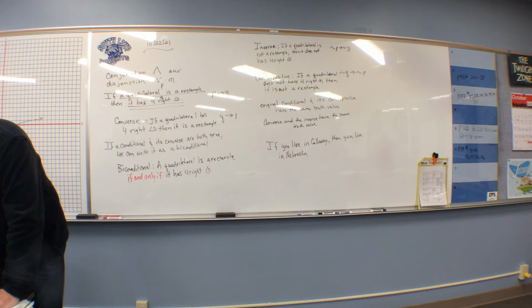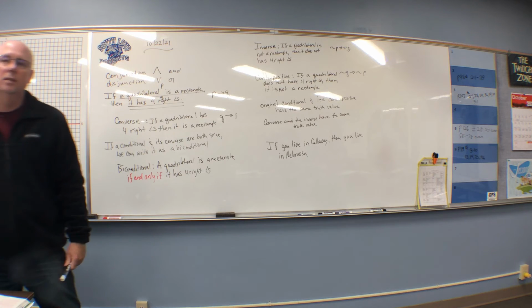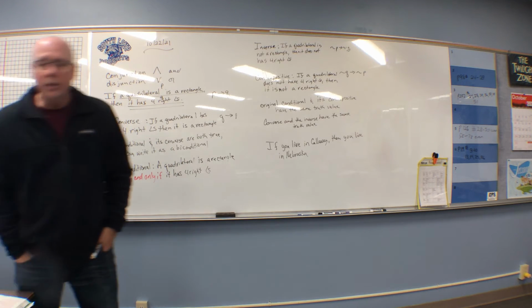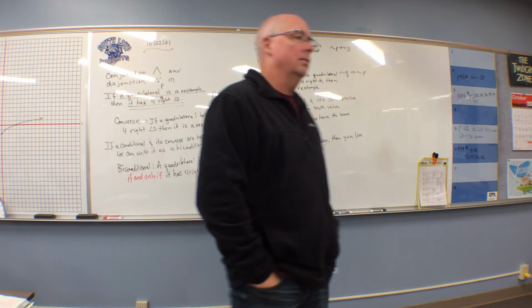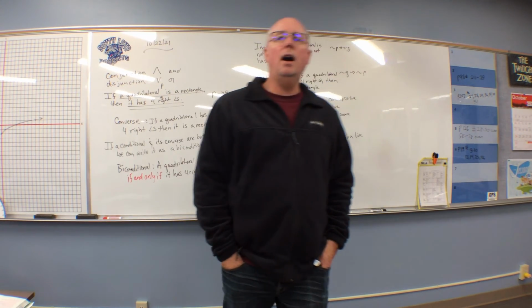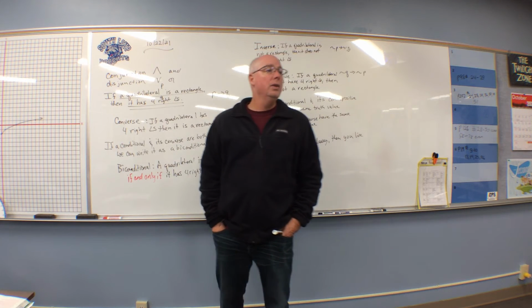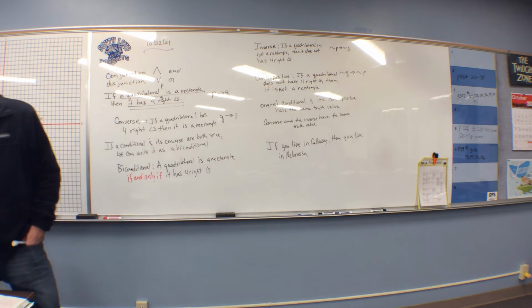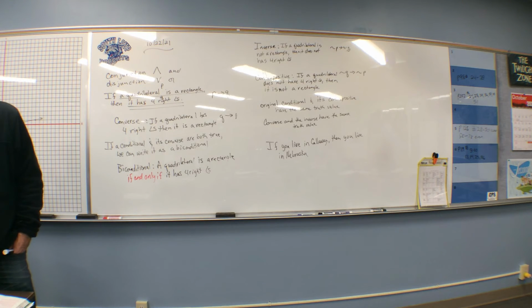So let's take a look at 58. A right triangle has an angle that measures 90 degrees. That's true. All right, so what's the converse of that, Gigi? First of all, you have to write it as a conditional, right?